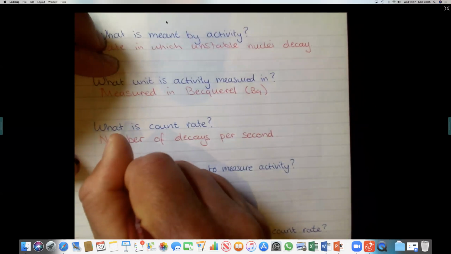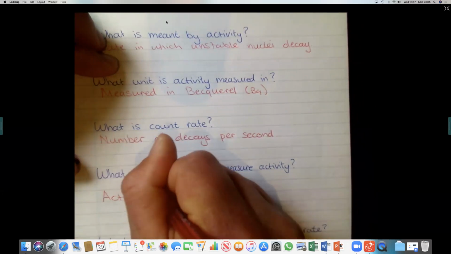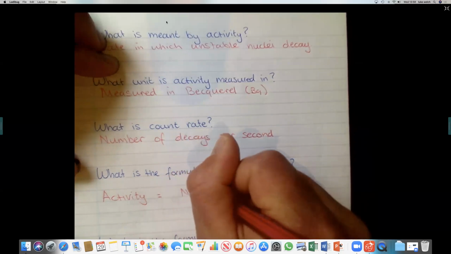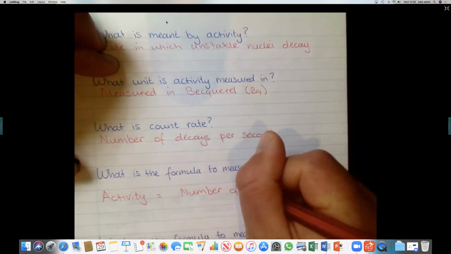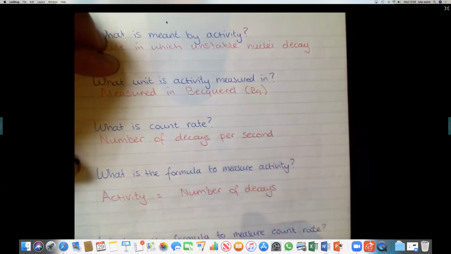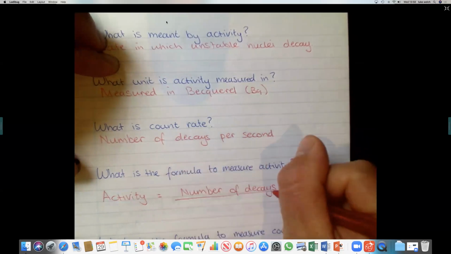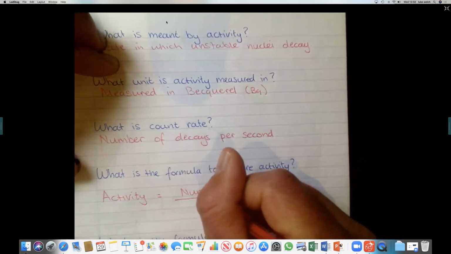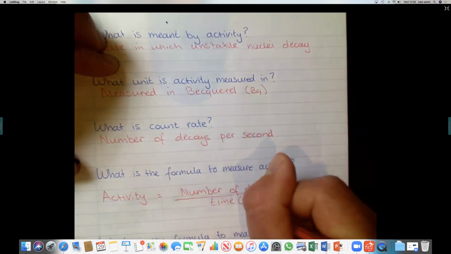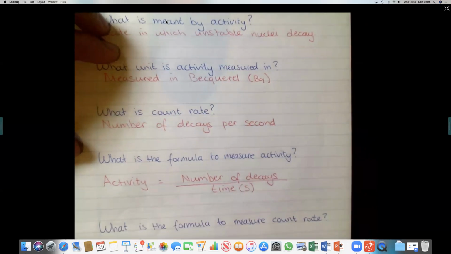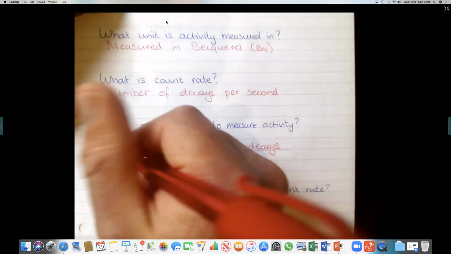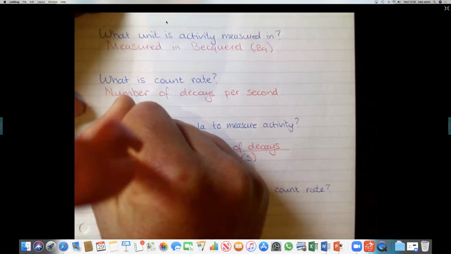Activity equals the number of decays divided by time, which we measure in seconds. Okay, remember that activity is measured in becquerel.